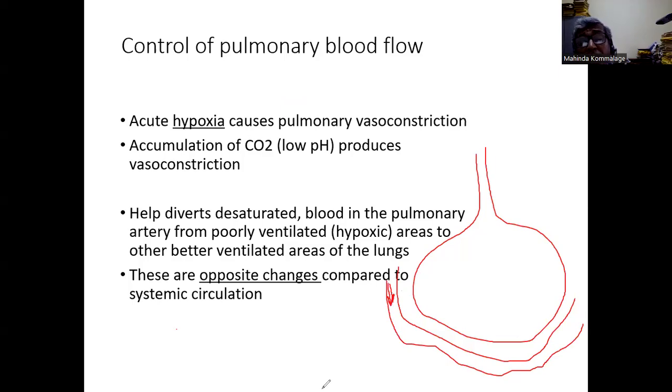So let's say we get a hypoxia in the interstitium and in this area. To get the hypoxia in this area, what can be the problem? Low oxygen availability in this area. What can be the reason?